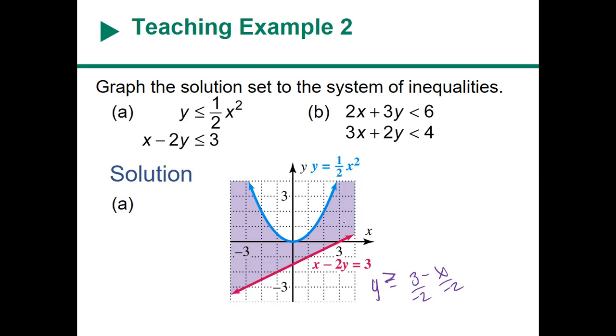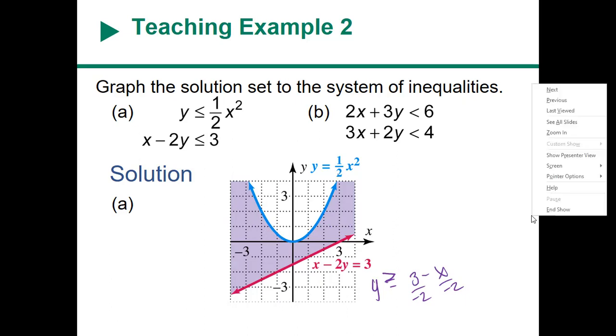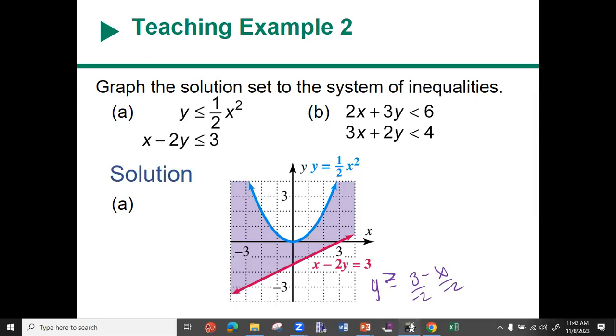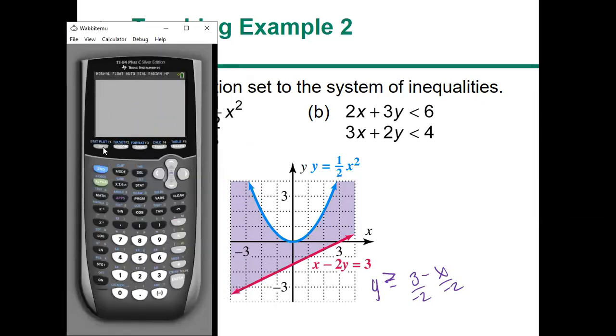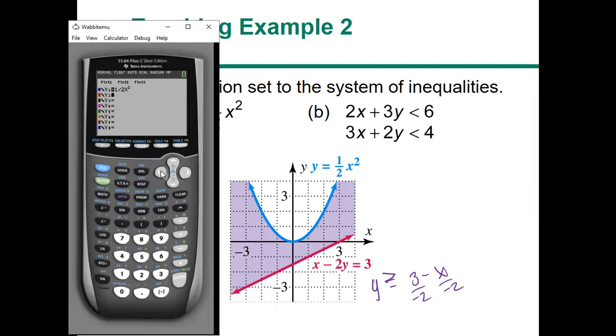Okay. I'm going to model it in the calculator so you can see what it looks like. So I'm going to go to my calculator, open it. I'm going to go to y equals, reset. And so I have 1/2 x squared, and that one is shaded below.